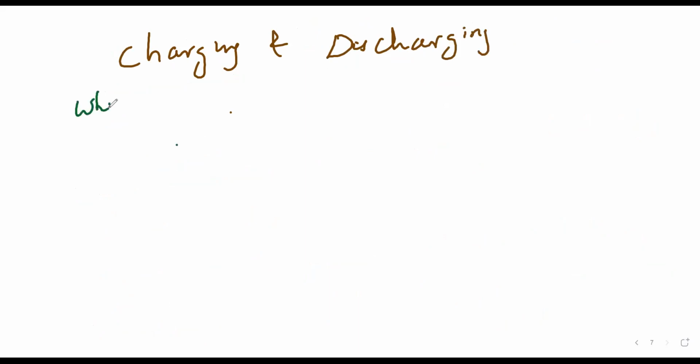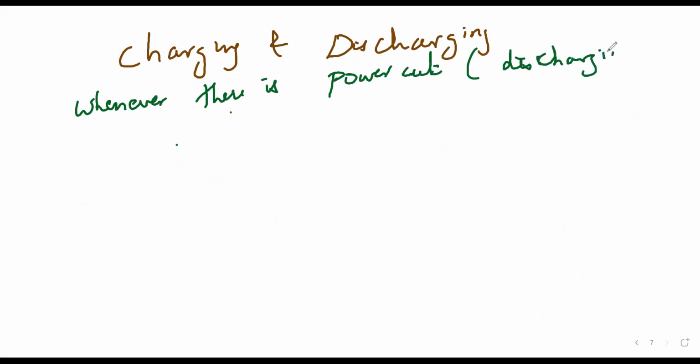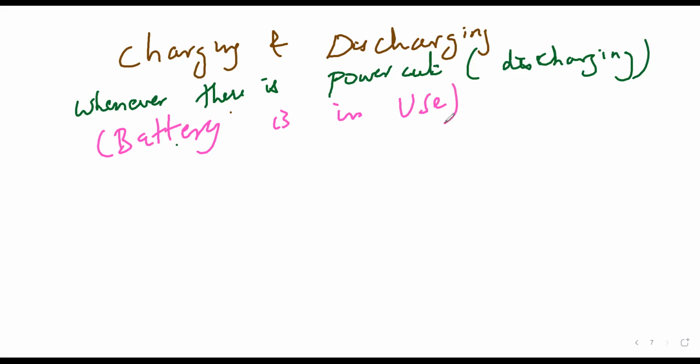Whenever the inverter is being used, whenever there is a power cut, that is discharging. The battery is in use. So coming to this, what is my anode here?